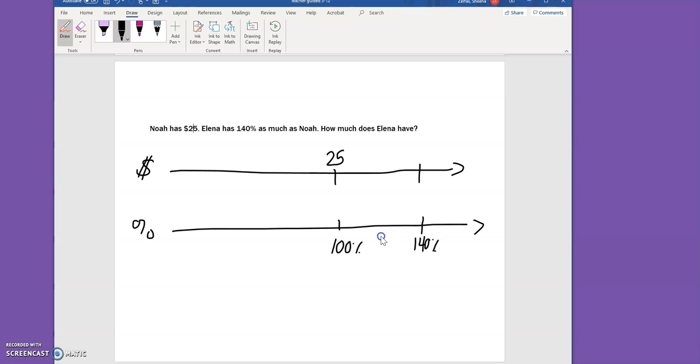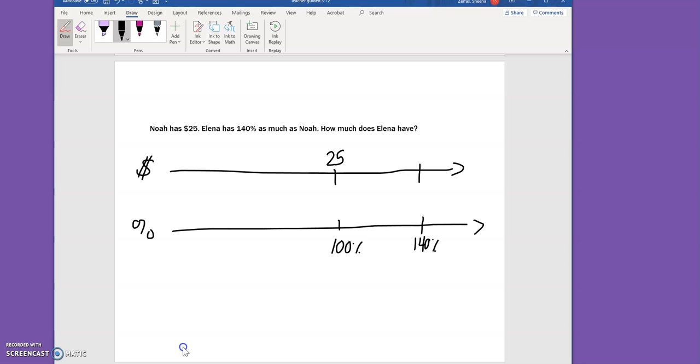We need to be counting on our percentage line by something that will arrive at 100 and 140. Remember yesterday we talked about numbers we could count by, and they include 1, 2, 4, 5, 20, 25, and 50.